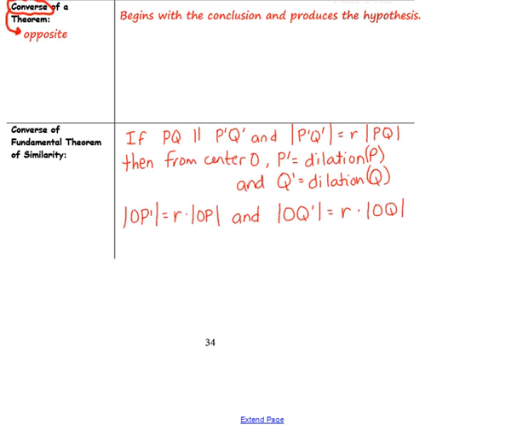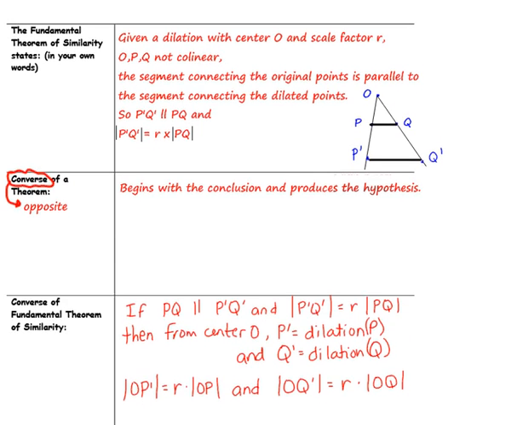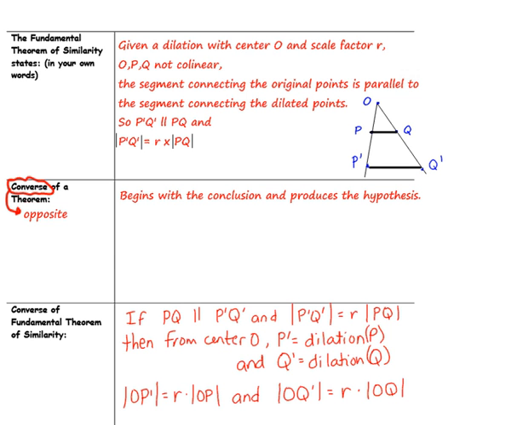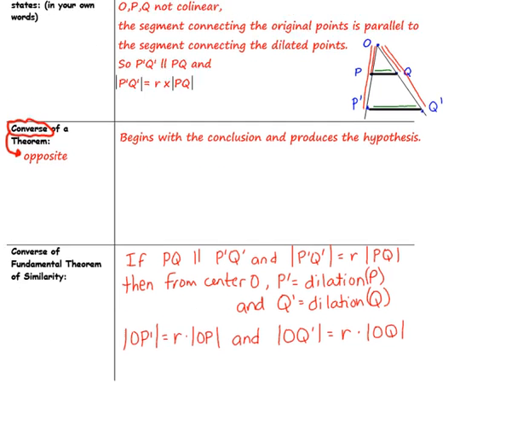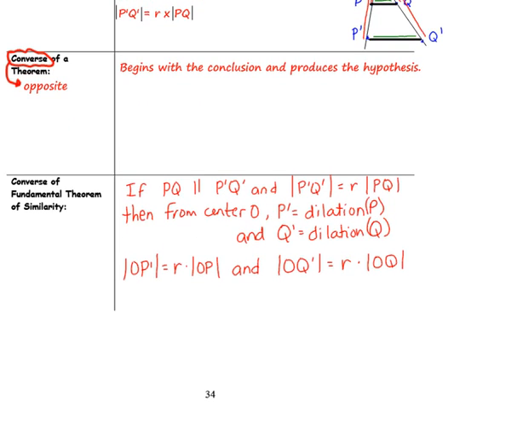Let's take one more look at a diagram for the fundamental theorem. The fundamental theorem says that if you dilate the length of OP using a scale factor, and you dilate Q with the same scale factor, then you will end up with parallel lines. The converse says, let's draw the diagram.